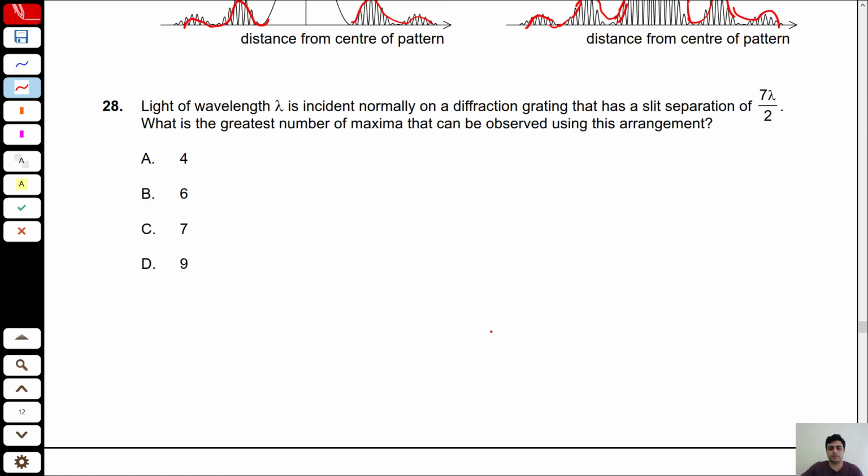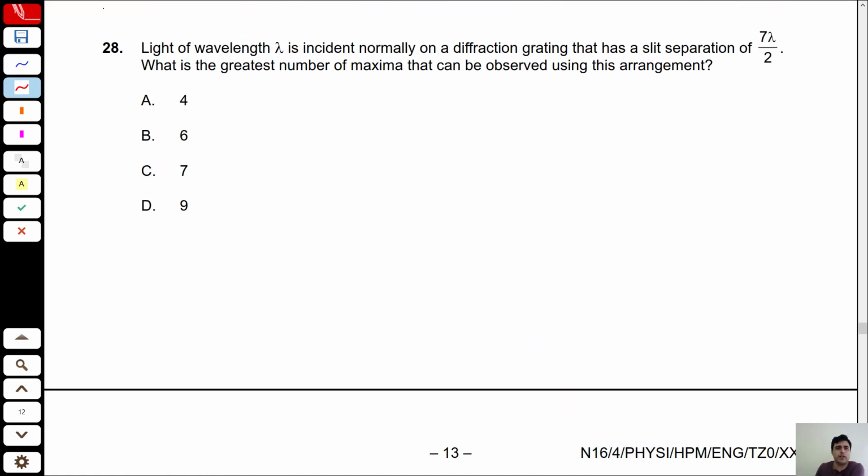All right, light of wavelength lambda is incident on a diffraction grating that has a slit separation of 7 lambda over 2. Okay, let's draw this diagram here.